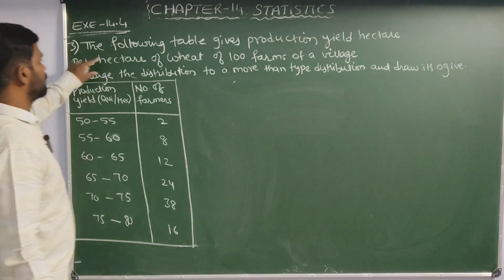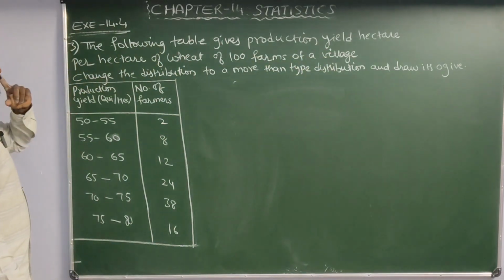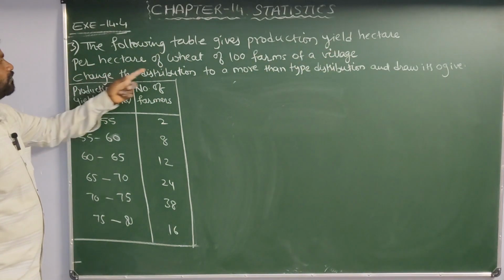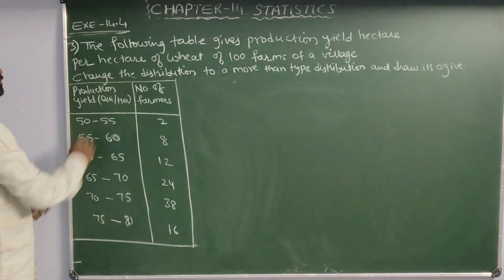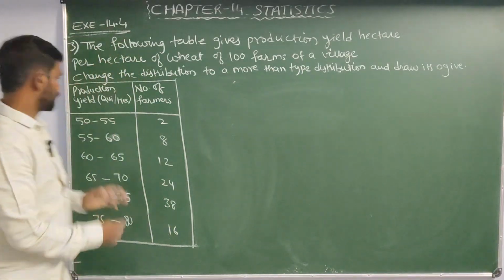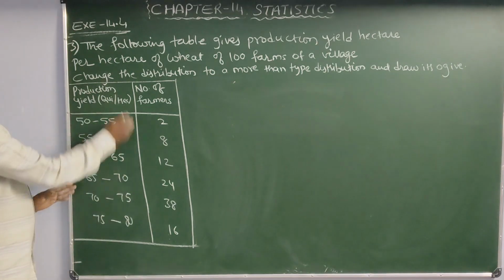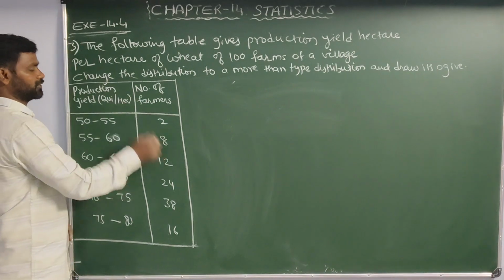Okay, next question. The following table gives the production yield in quintal per hectare of wheat of 100 farms of a village. Change the distribution to more than type distribution and draw its ogive. So this is the production yield, quintal per hectare, and number of farmers.